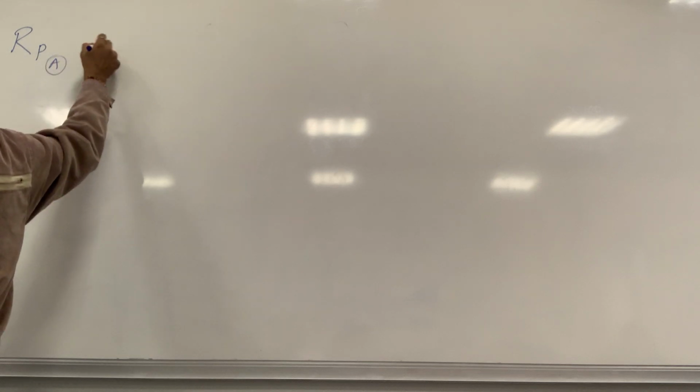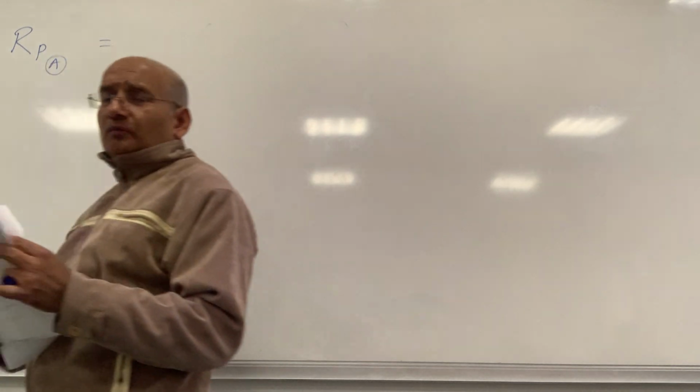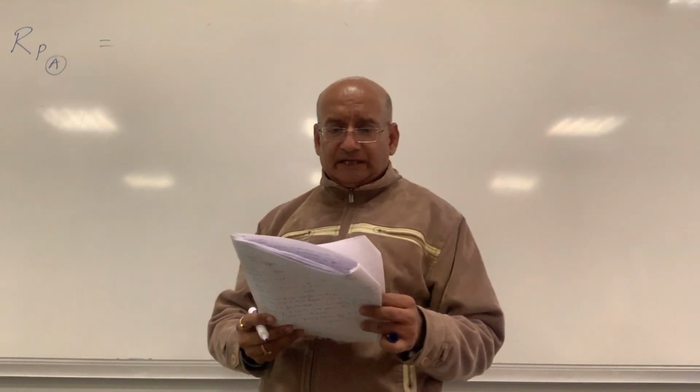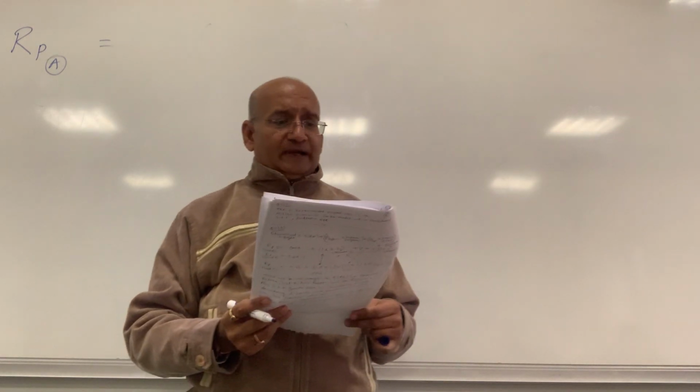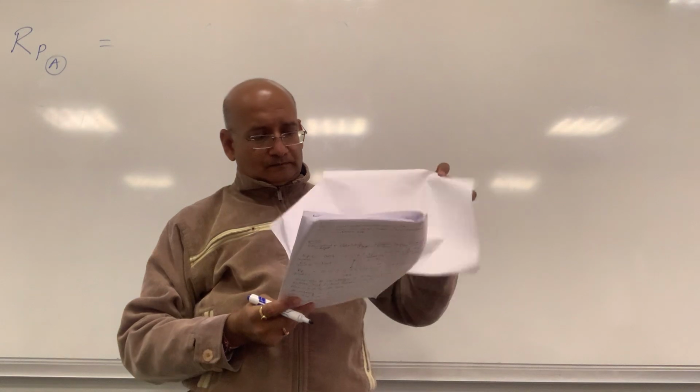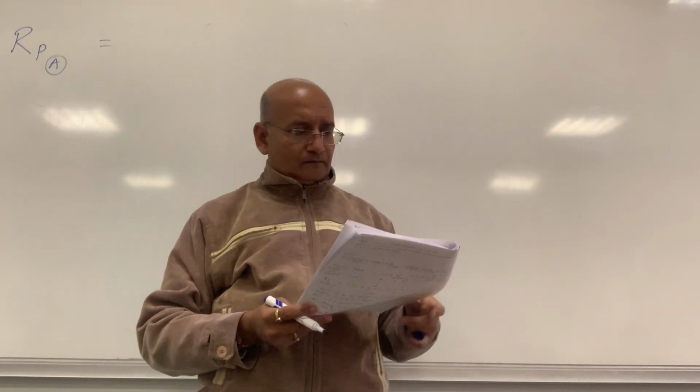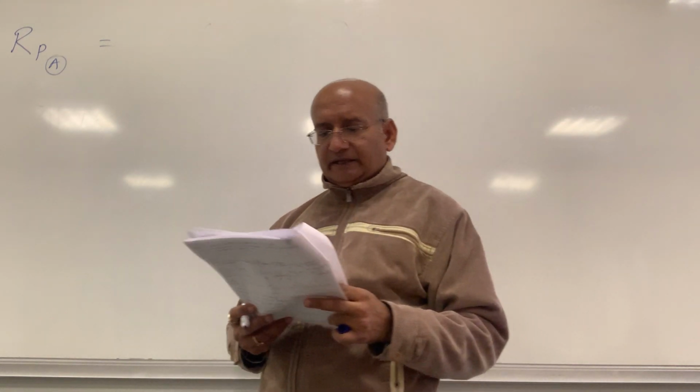Let's do it like this. We are going to find out RP for portfolio A. Formula you already know, so I am not writing the formula again. What is E(RP) of A? Expected return of A is already given in the question, 2% plus.